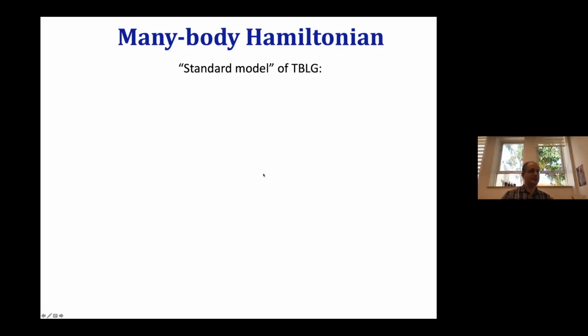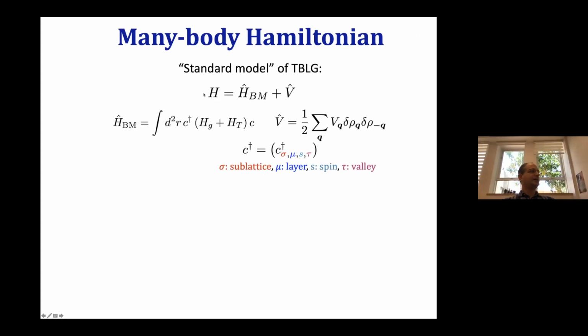So here's the standard model that people have been using to try to describe the physics of magic angle graphene. There's a single particle Hamiltonian, which is the Bistritzer-MacDonald Hamiltonian, plus Coulomb interactions. In the microscopic Hamiltonian, there are actually four degrees of freedom, which are sublattice A and B, layer, spin, and valley. So the single particle Hamiltonian is a 16 by 16 Hamiltonian.